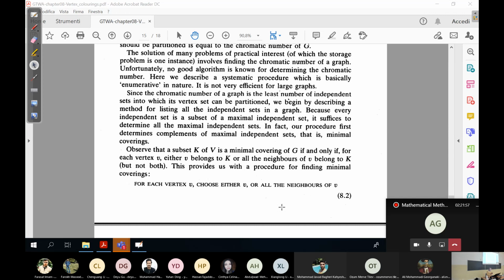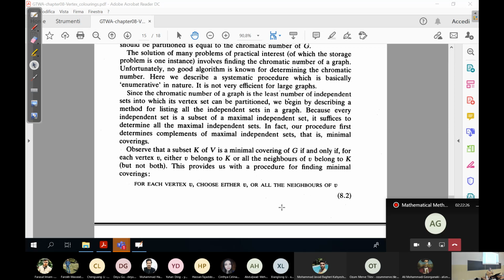It is a set of instructions which becomes a set of logical expressions. So you visit each vertex, and for each vertex, either you choose that vertex, or you choose all its neighbors. Otherwise, there will be at least one edge which has no ends in the covering. We are looking for a covering.